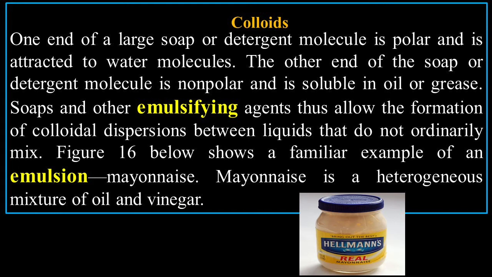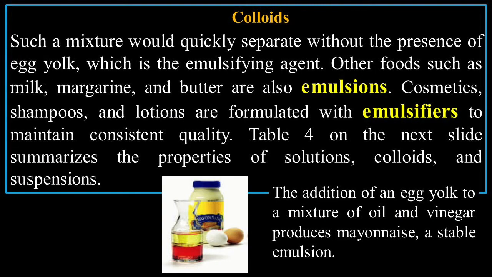And it obviously, you can keep mayonnaise around for quite a while and it stays locked in one obvious phase. So it is indeed not a suspension. It is certainly not a solution, but it is a colloid. Such a mixture would quickly separate without the presence of egg yolk, which is the emulsifying agent.